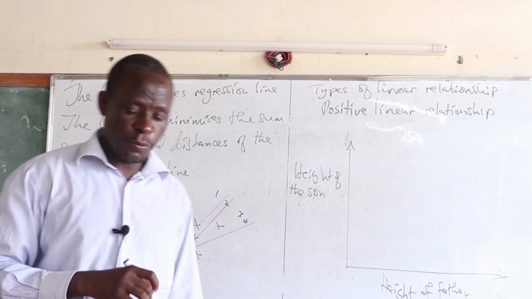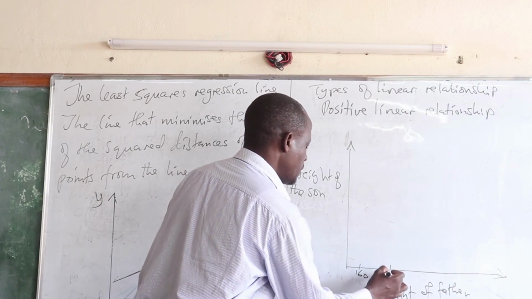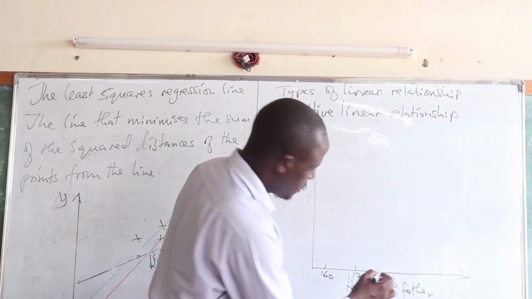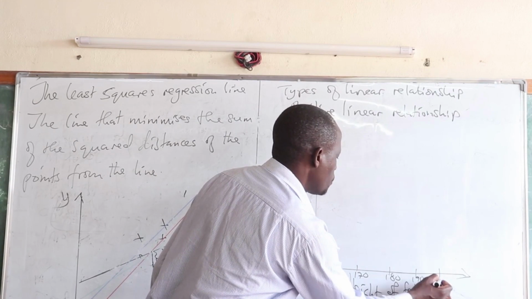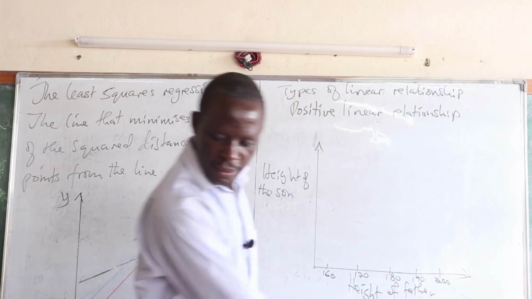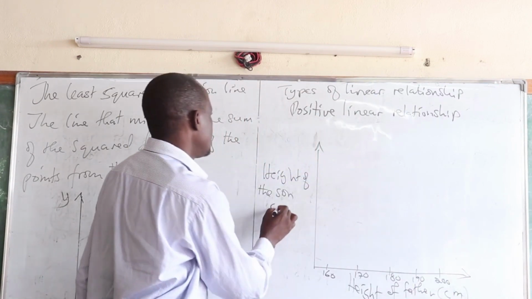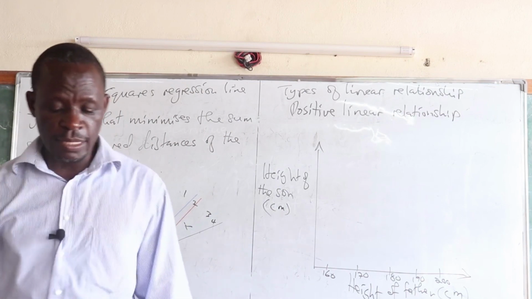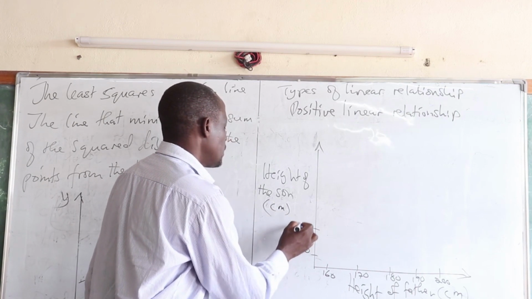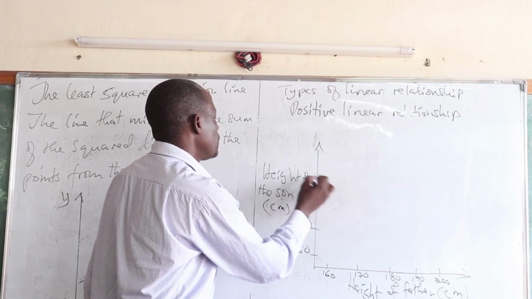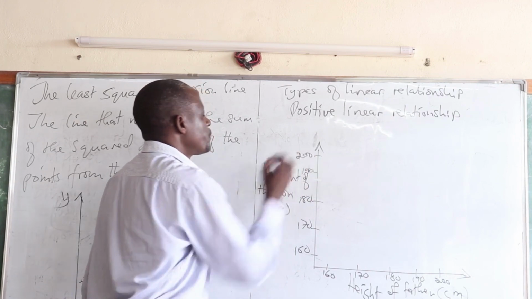In both cases, we start from 160, 170, 180, we can go up to 190, then 200. These particular heights are in centimeters. Similarly here, they are also in centimeters. So we can have the height of the child from 160 as well, 170, 180, 190, and then up to 200.